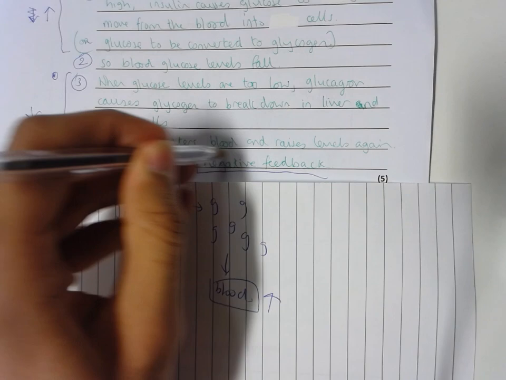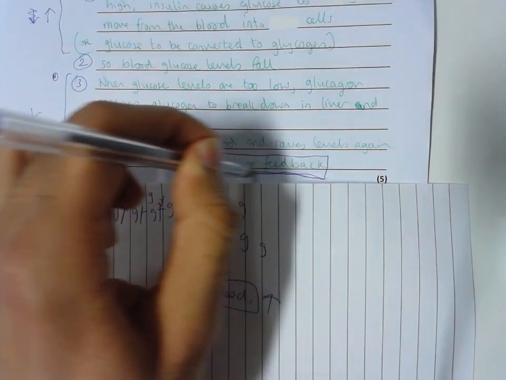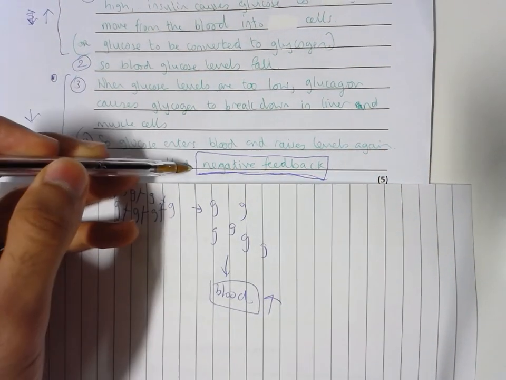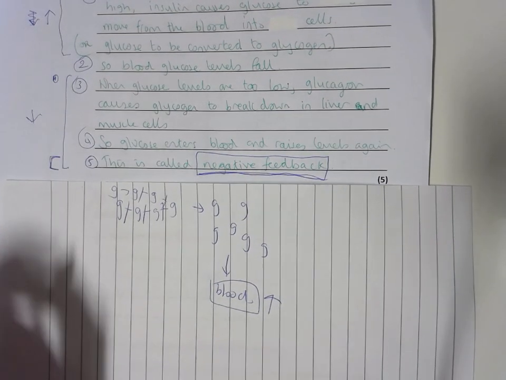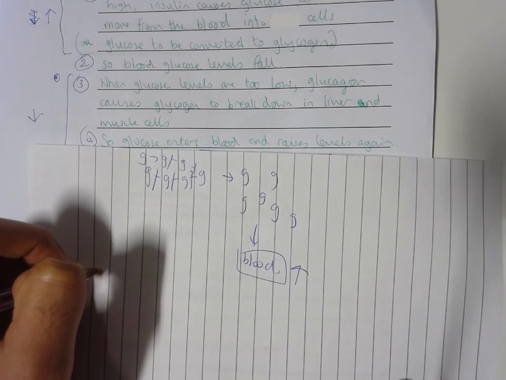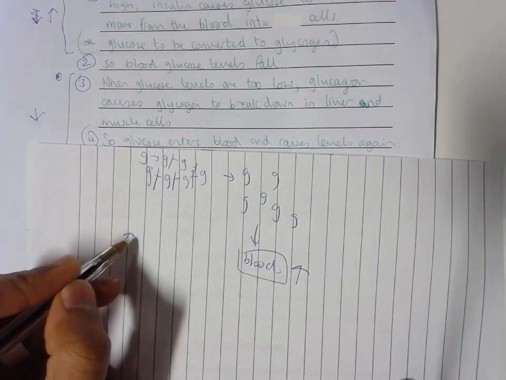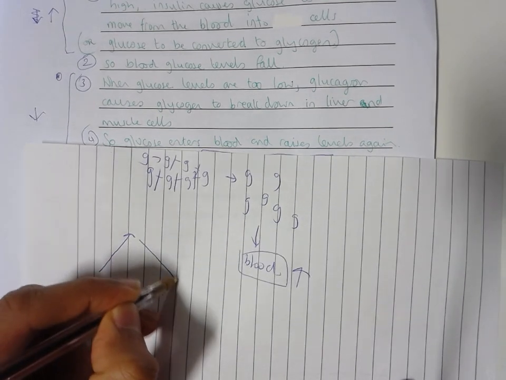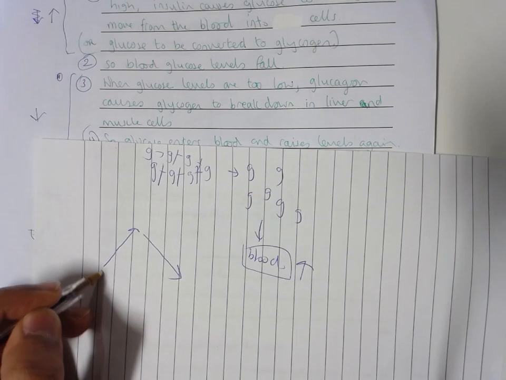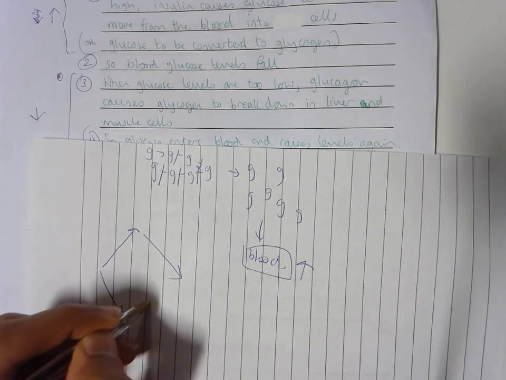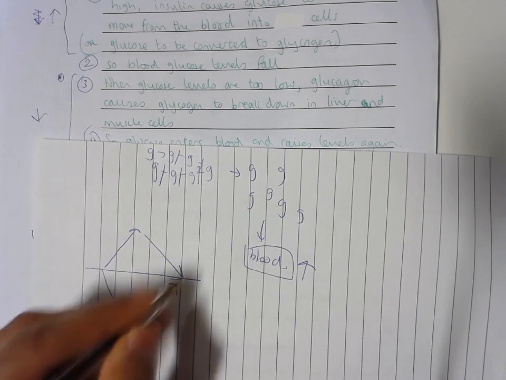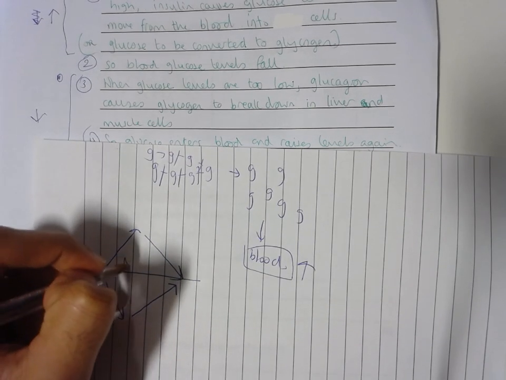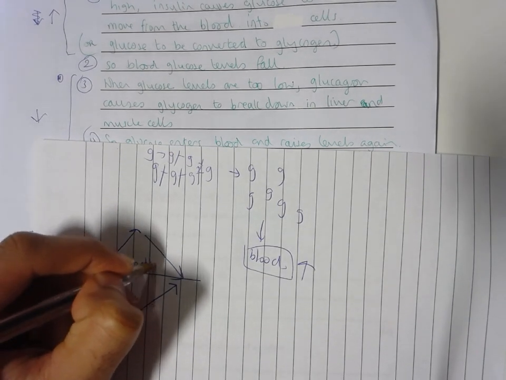Now this bit we may not have heard about yet, but we will study in more detail in year 11. Whenever something in homeostasis is about, if the levels get too high, then the body responds to bring the levels back down, or if the levels get too low, the body does something to bring the levels back up to a normal level, then we call this whole process negative feedback.